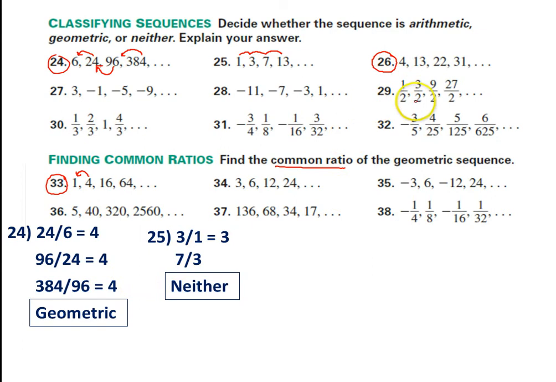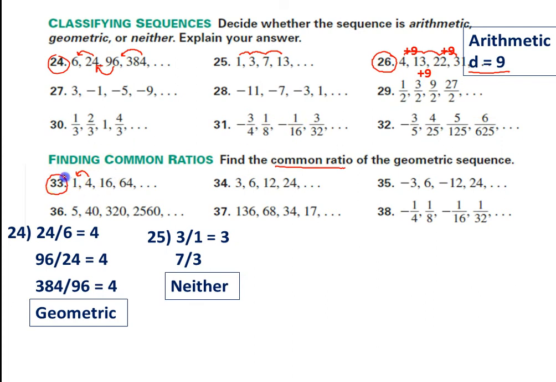Arithmetic, geometric, or neither? 4 to 13 is plus 9. 13 to 22 is plus 9. 22 to 31 is also plus 9. If I'm adding the same thing every single time, this one would be arithmetic. And if they asked me what the difference would be, it would be 9.